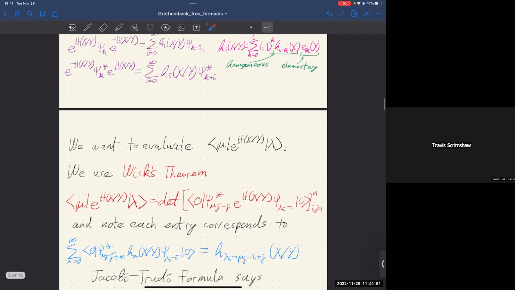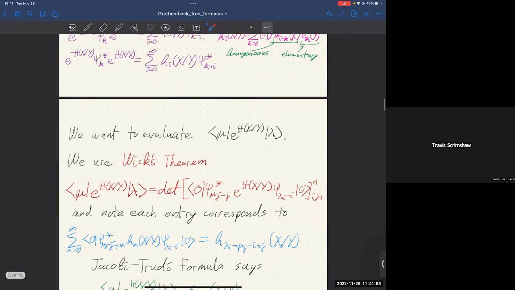And the answer is, well, we actually can do that because we can use this very handy tool called Wick's theorem. Basically, it just comes from using the canonical anti-commutation relations and realizing, oh, it's a determinant in disguise.